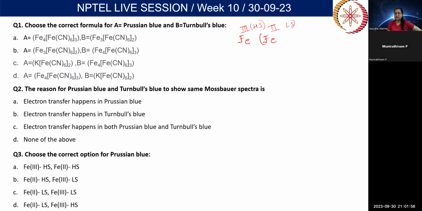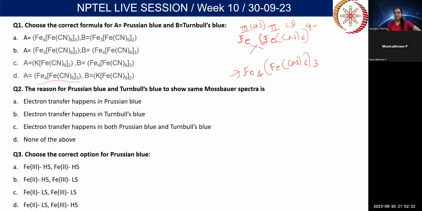This is iron high spin. If I cross multiply, iron 2 inside is only possible when the outer one is iron 3 with the 4 negative and 3 positive. So it will become Fe4[Fe(CN)6]3. So this formula is for Prussian blue, and only the first option is it, and the last option is Fe4[Fe(CN)6]3 with 4 and 2.